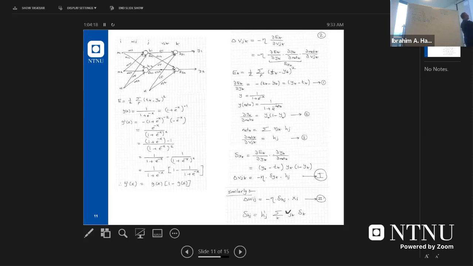If I want to find g dash of x, the first derivative, it will be minus 1 multiplied by that part, and subtract 1 from the power, so minus 1 minus 1, minus 2, multiplied by the first derivative of what is inside. That will be 0 minus exponential minus x, so minus exponential minus x. To simplify, at the end it will be g(x) multiplied by 1 minus g(x). So this function is very important.